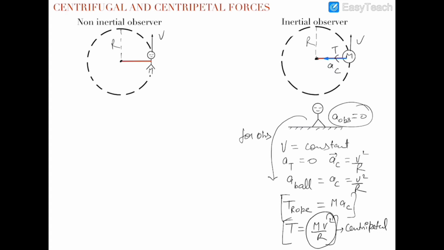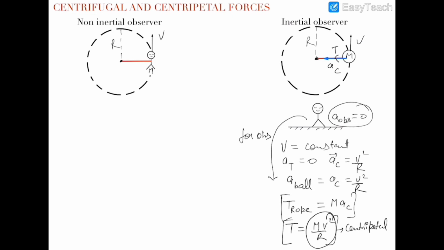then the tension in this rope is playing the part of the centripetal force, as well as when we say that the earth is rotating about the sun, then the gravitational pull of the sun towards the center of the sun is pulling the earth, and that gravitational pull of the sun is the centripetal force for the earth to be in the circular motion.